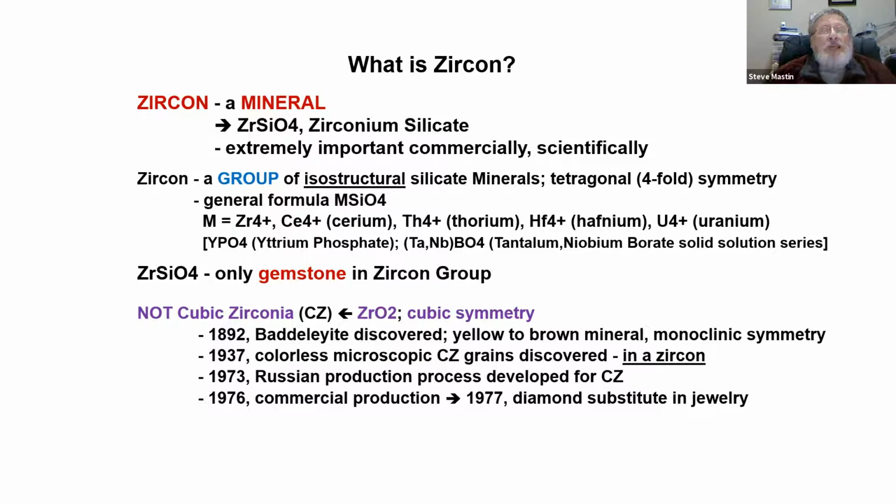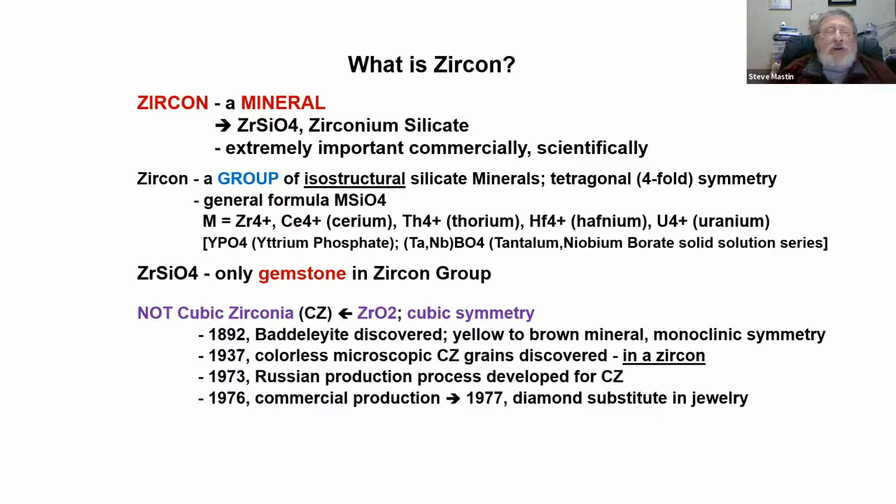And surprisingly, the group also includes yttrium phosphate and tantalum niobium borate solid solution series. And there's a couple of other even stranger ones that are all isostructural minerals in the zircon group. But the good news for us is that zircon as the silicate is the only gemstone in that group.